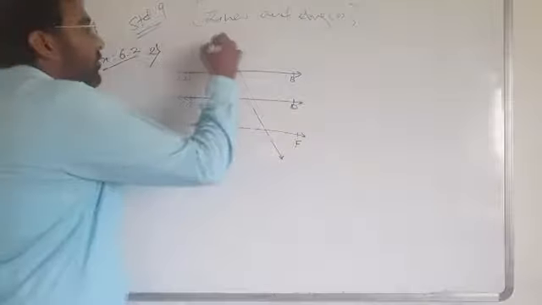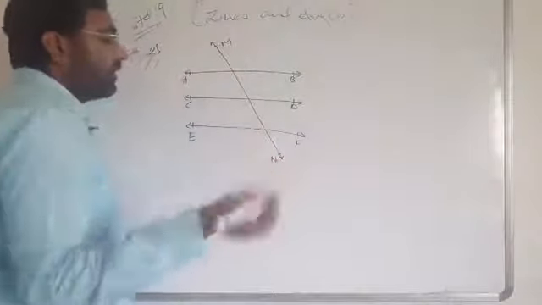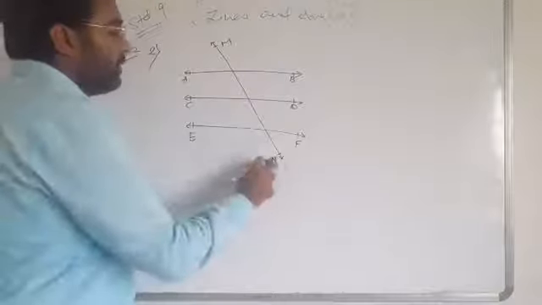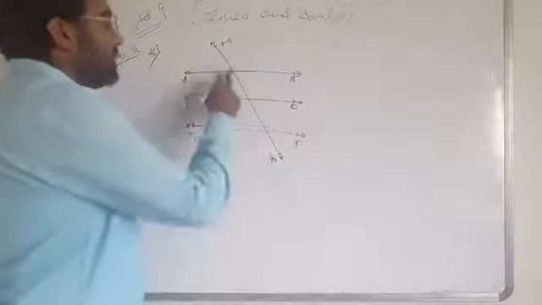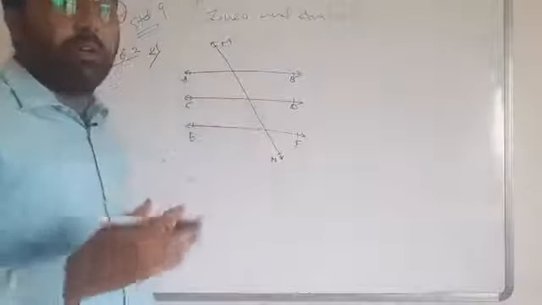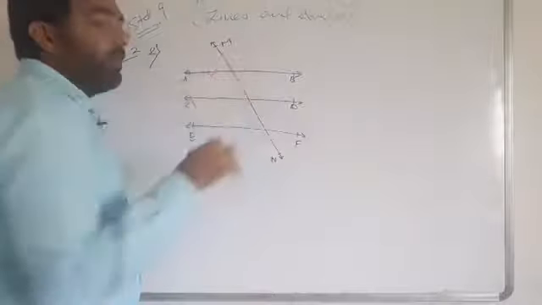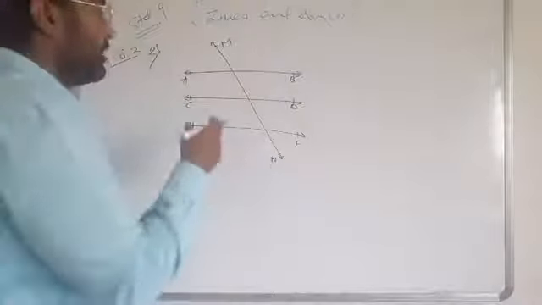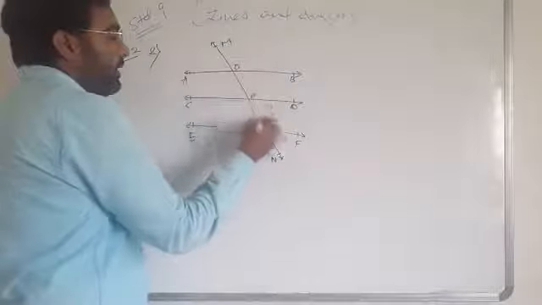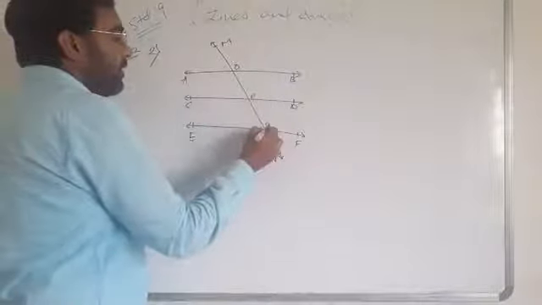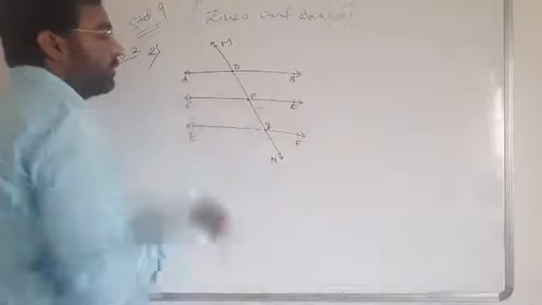The transversal has not been named, therefore we name it MN. The intersecting points are also not named, so I will name them O, P and Q.